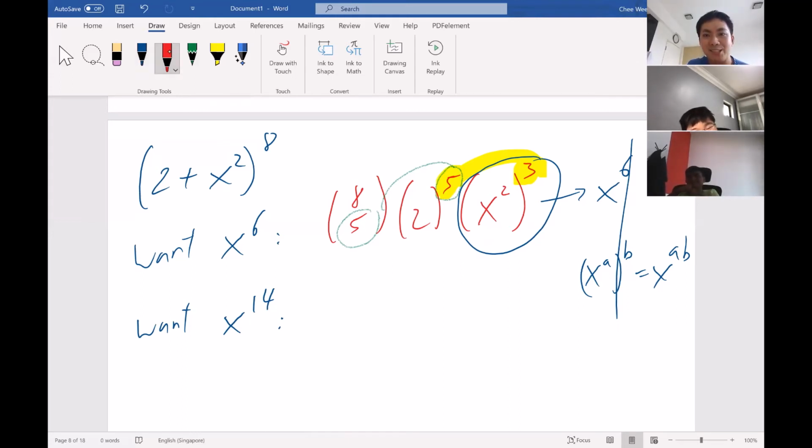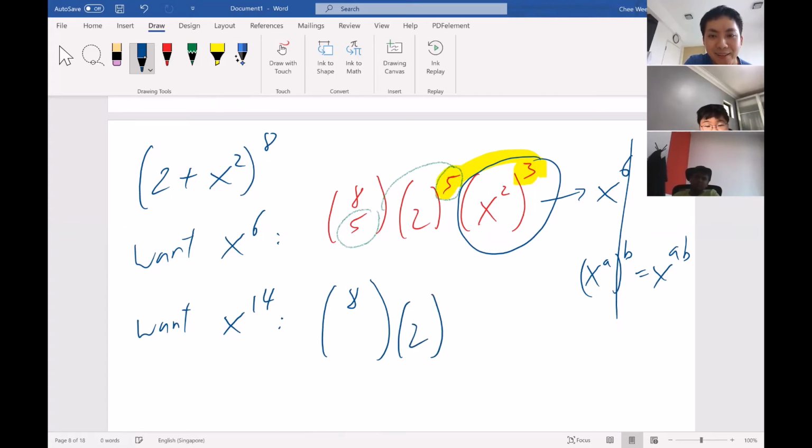But the point is the x squared is already there to help you. So it's definitely 8 choose something, then 2 to the power of something, and then x squared to the power of something else.